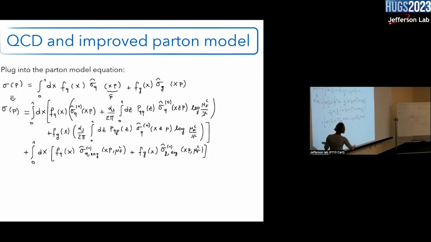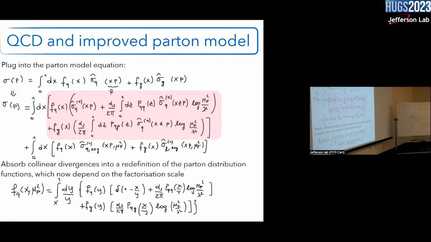At this point you are done, because if you say now my Parton distribution functions are actually the redefined ones, then when you absorb all these things, you have the redefined Parton, which multiplies a finite cross-section, which is this bit.